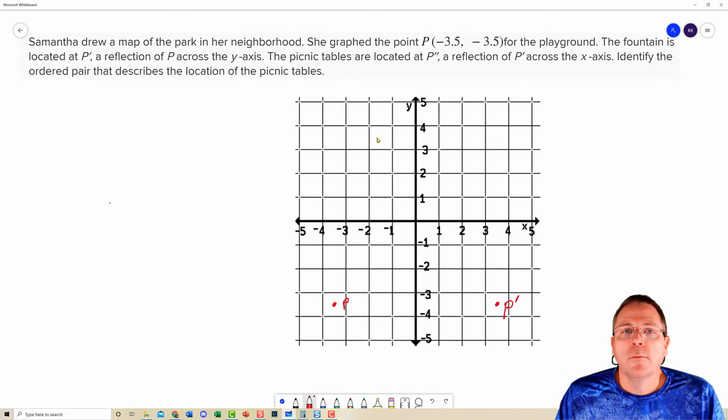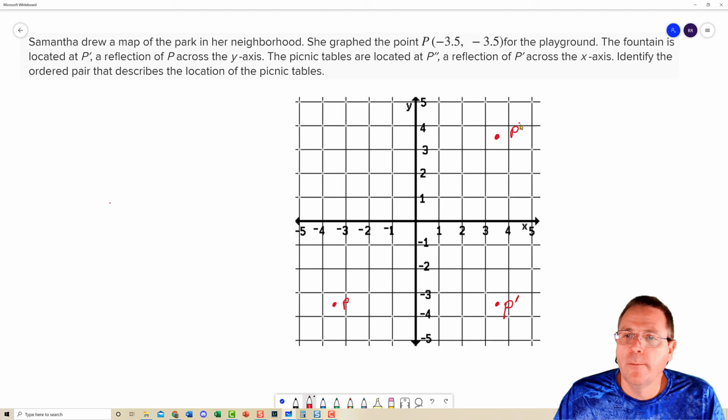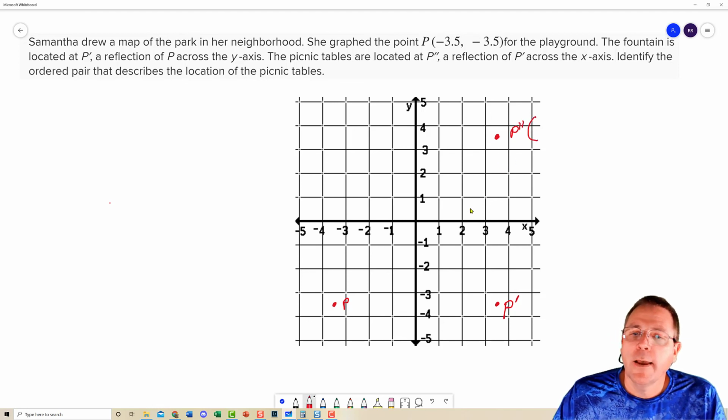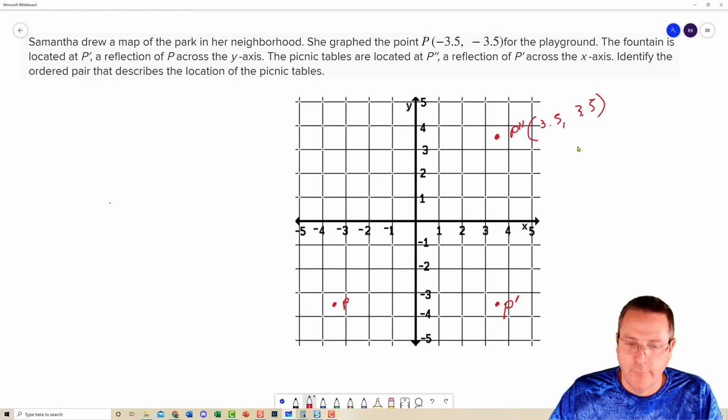Now, the picnic tables located at P double prime are going to be a reflection of P prime across the x-axis. So P prime was 3.5 units below the x-axis. That means P double prime is going to be located 3.5 units above the x-axis, and that will take place where x is going to be 3.5 and y is also going to be a positive 3.5.